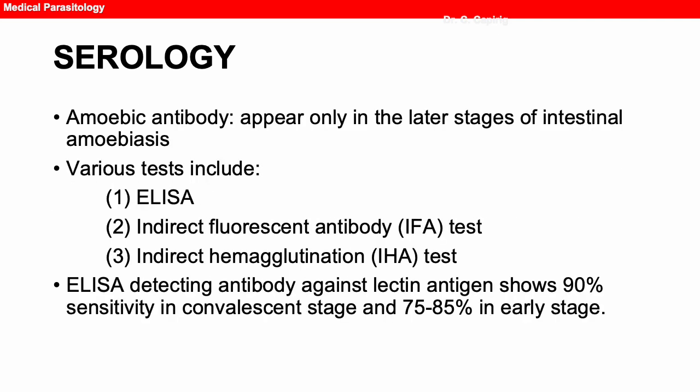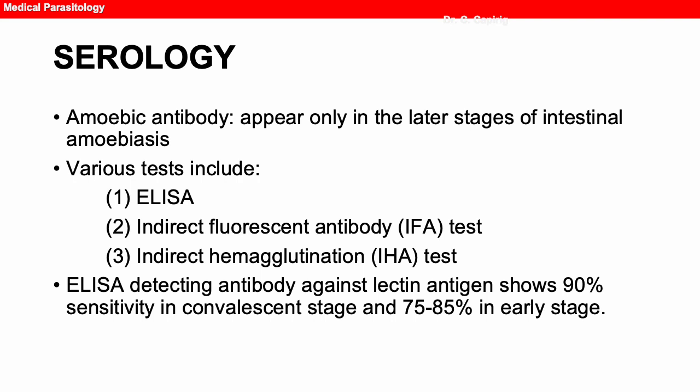Amoebic antibody can also be detected through serology. They only appear in the later stages of intestinal amoebiasis because it takes time for the immune system to make antibodies, specifically the humoral immunity. Various tests to detect amoebic antibody include ELISA, IFA, and IHA.